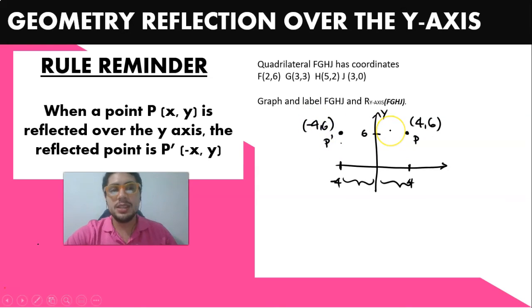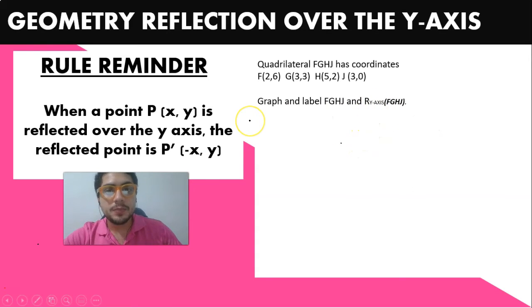So if the point was (4, 6), the new point P' is going to be at (-4, 6). In this case, we are reflecting that quadrilateral over the y-axis. Now that we're given the coordinates of every single point, we know that F has the initial coordinates (2, 6).